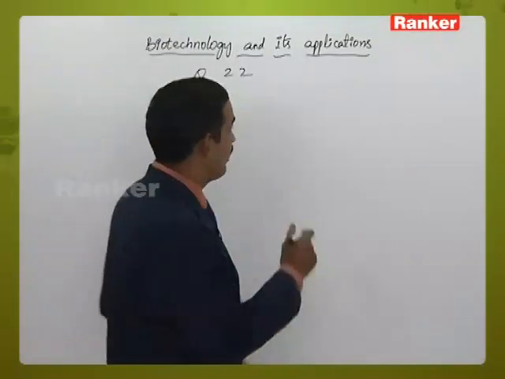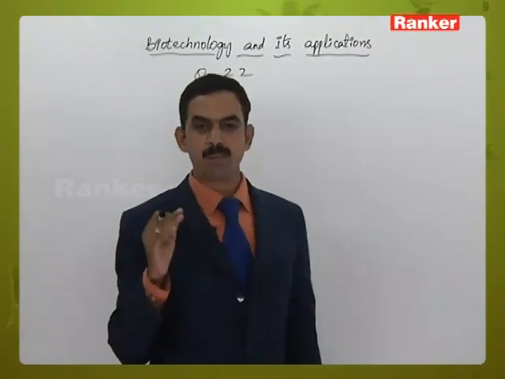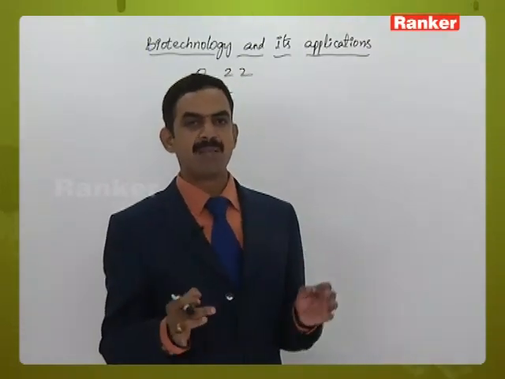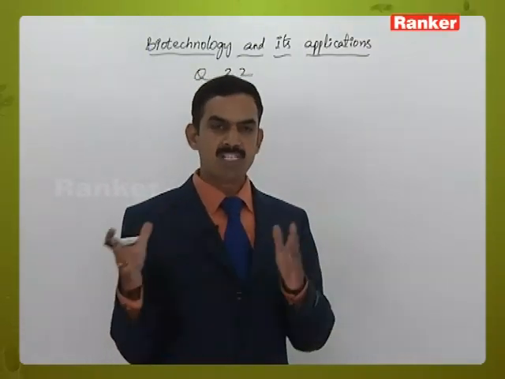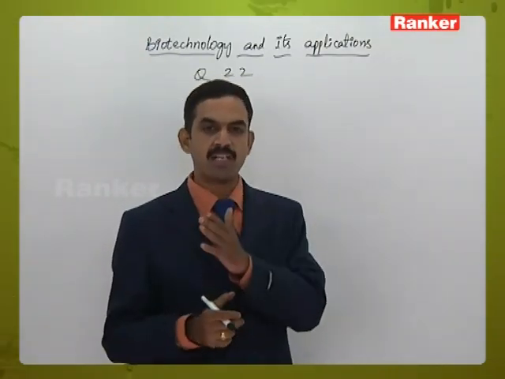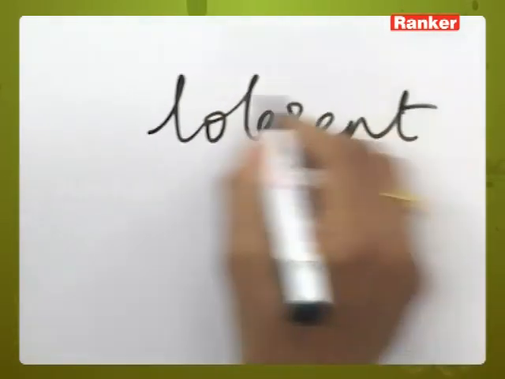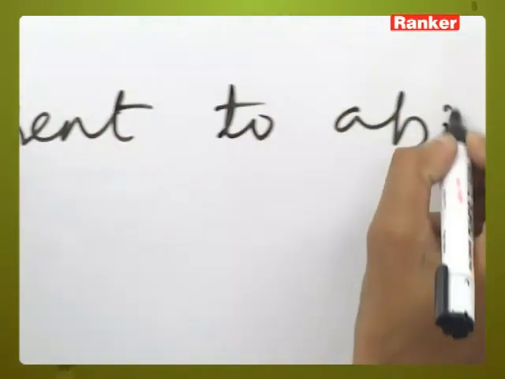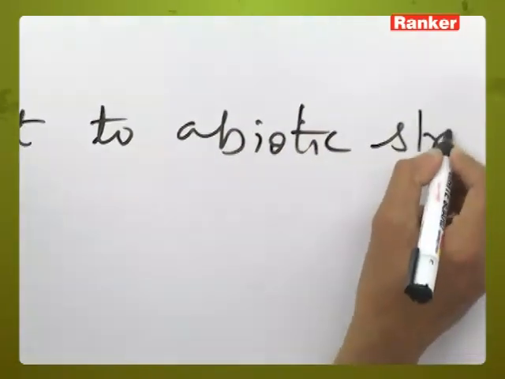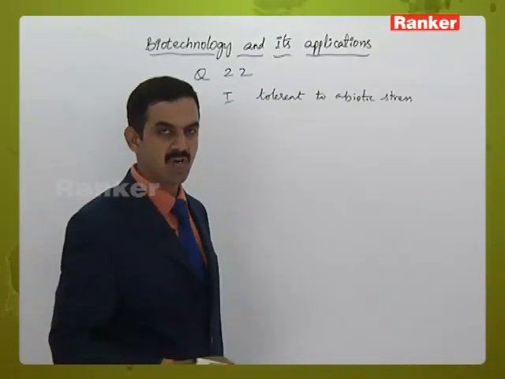So here it is related to the GM plants, that is genetically modified plants. We know that GM plants like the basmati variety have resistance to biotic and abiotic stresses, so they are tolerant to stresses. This is correct. The best example we can quote here is the basmati variety of rice.